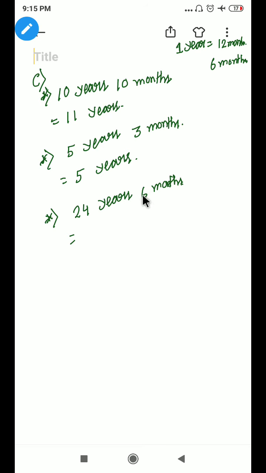Clear? Here 6 is given, equal to 6, so you have to add 1 to this 24. It will be about 25 years. Clear? In this way you have to do the rest of the problems of question number 4.